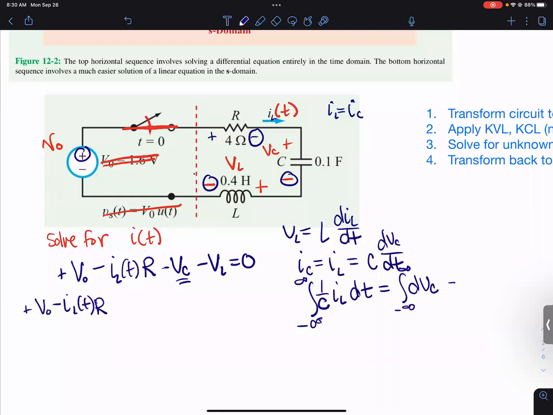And now, sorry, this becomes VC from minus infinity to infinity. But then if we do it from 0 minus, it's going to be VC minus VC.